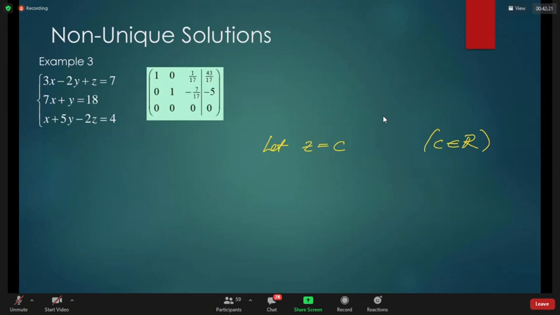Then y is, it was -5, I'm sorry, I guess I did it wrong in the previous. And so y is 7c minus 5/17. And then going still upwards, I have x is 43 minus c/17. So this is called the general solution.